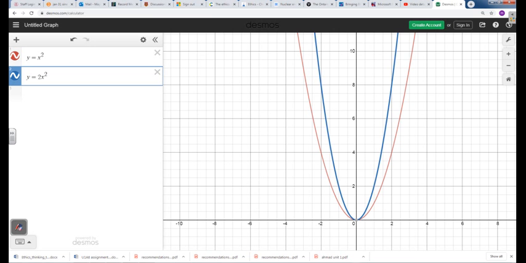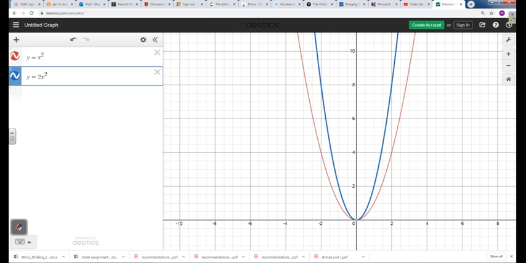Comparing it to y equals x squared, what can you tell me? It's narrower. Okay, I don't want to use that word yet, because it depends on which way you're looking at it, but I know what you're trying to say.